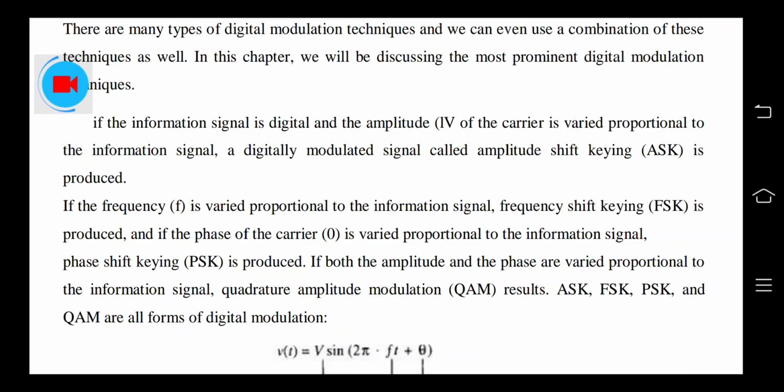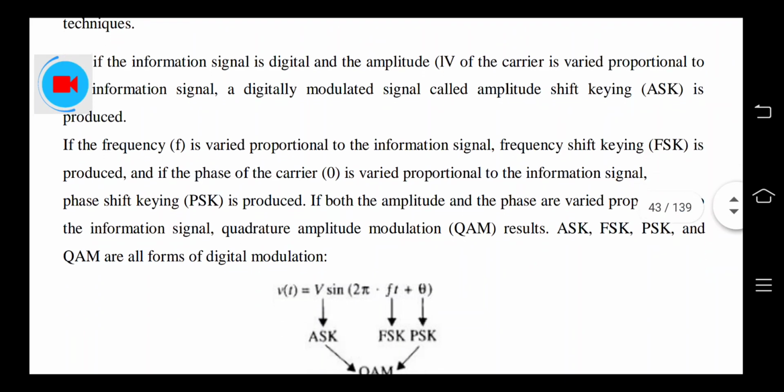One more is phase shift keying modulation. Here the phase will be shifted by 90 degrees or 180 degrees from the input signal to the output. So these are the different techniques of digital modulation.